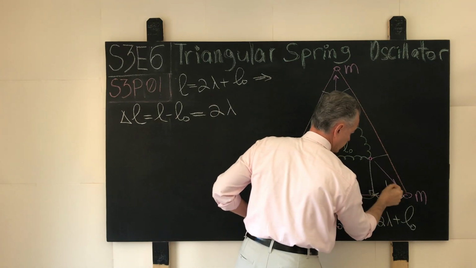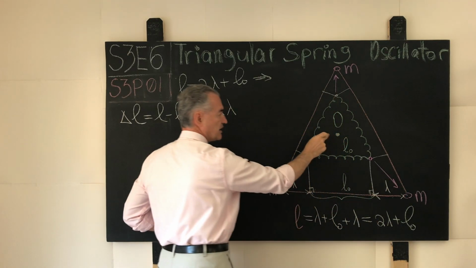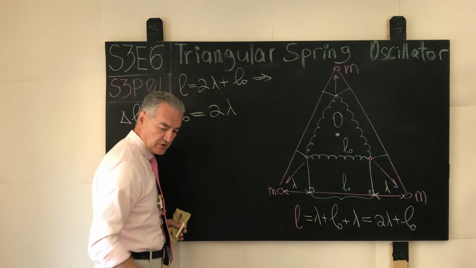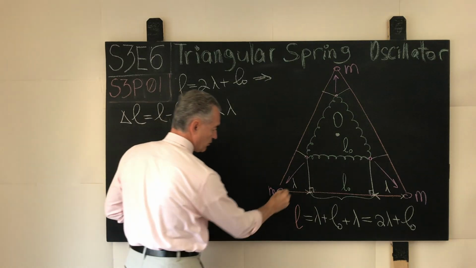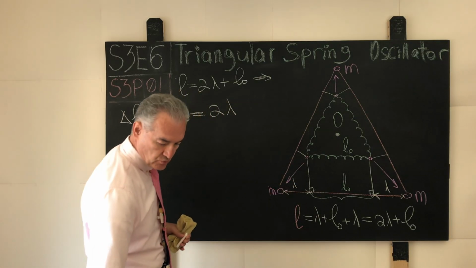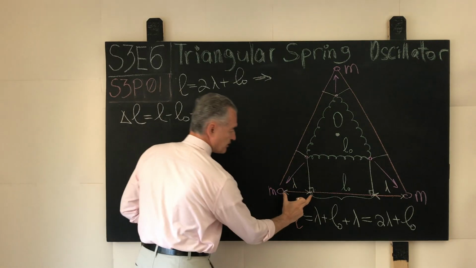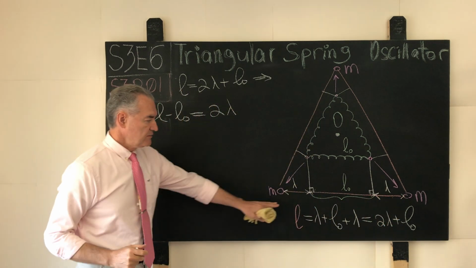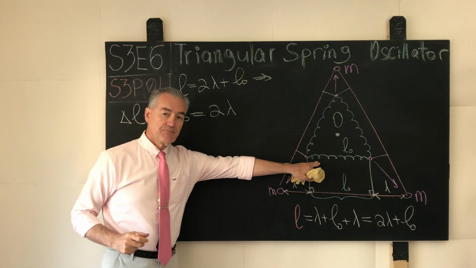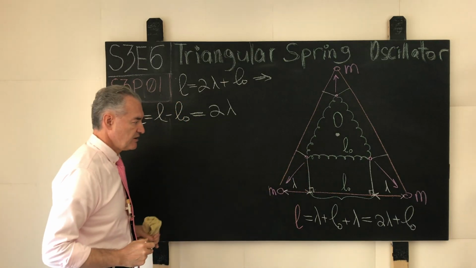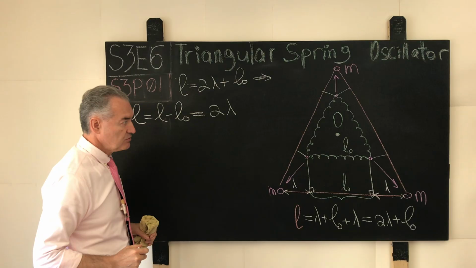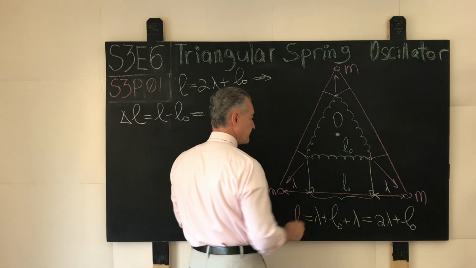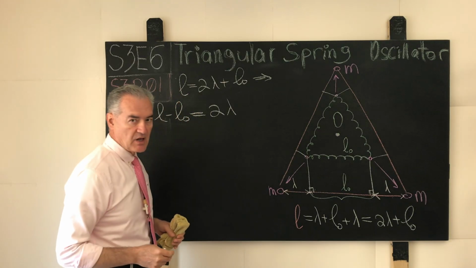We expanded our springs with respect to the center of the regular polygon, which we discussed in the previous segment. So the expansion went outward this way. So this expansion generated this change in the length of the spring that was not expanded in the steady equilibrium state.